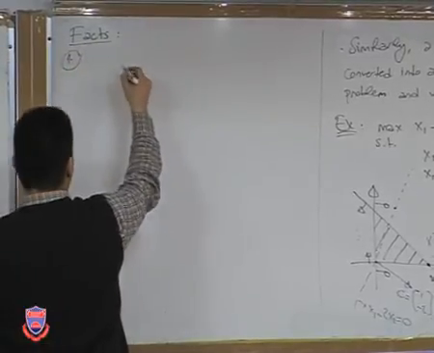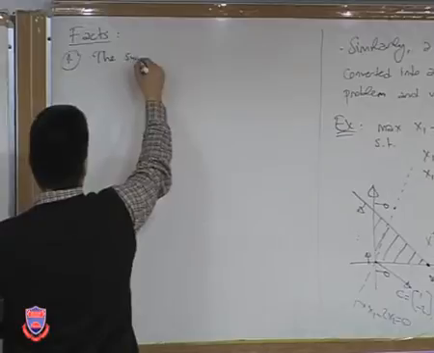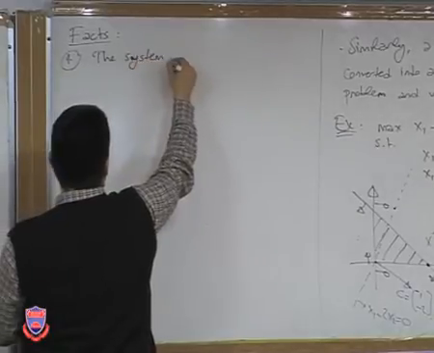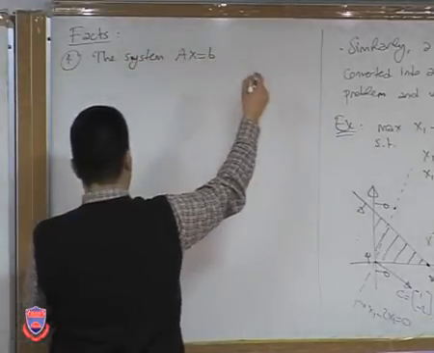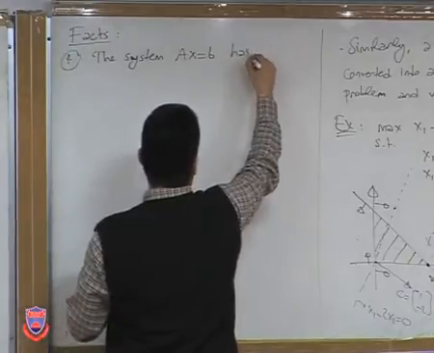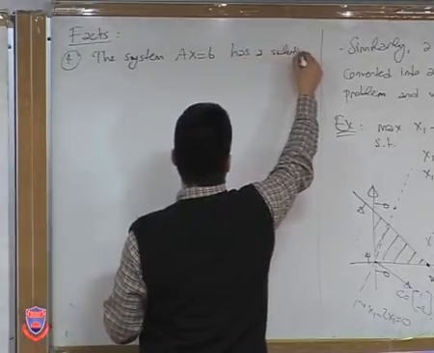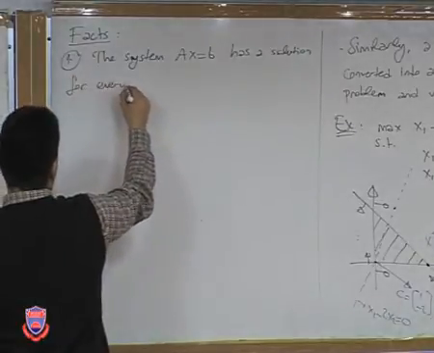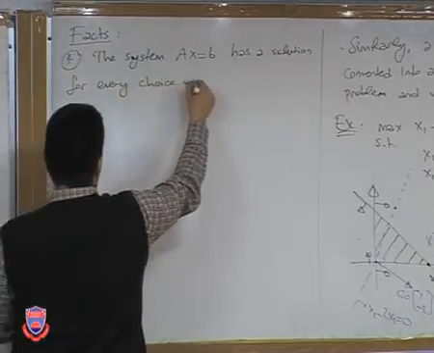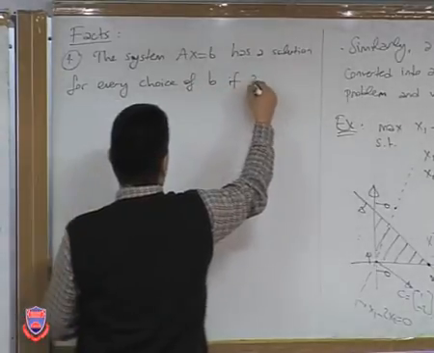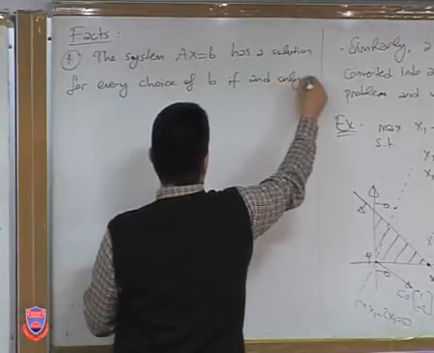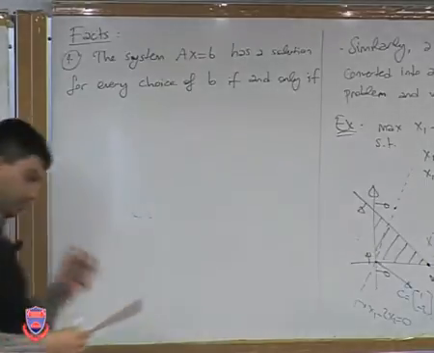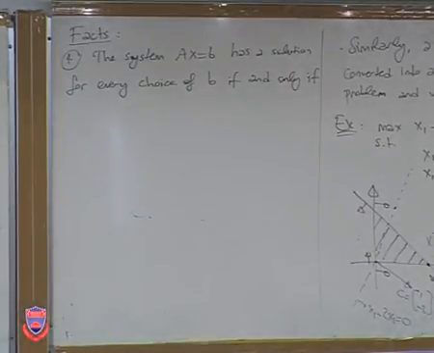Fact number 1: the system Ax equals B has a solution for every choice of B if and only if, and you fill out the rest.